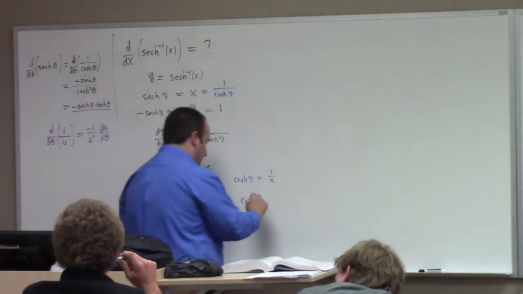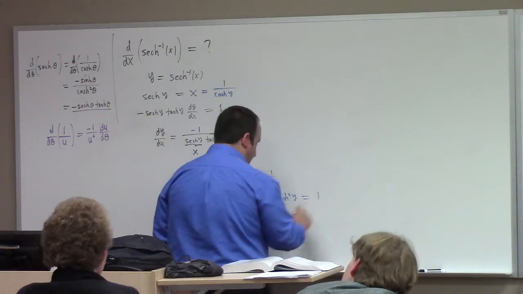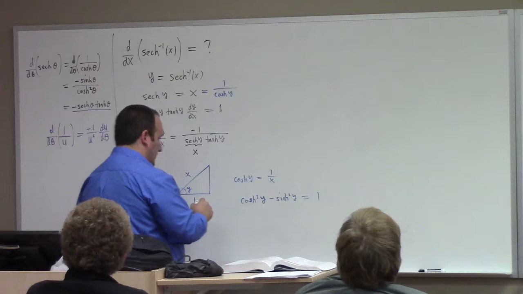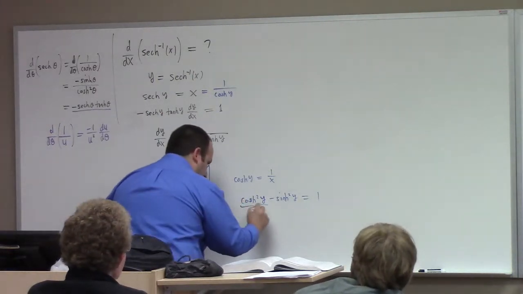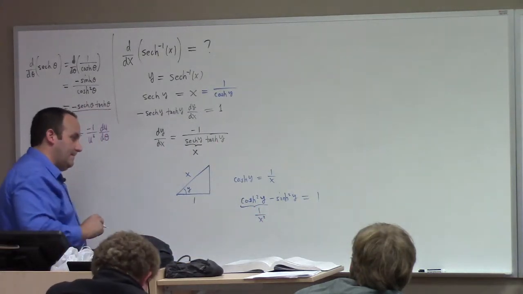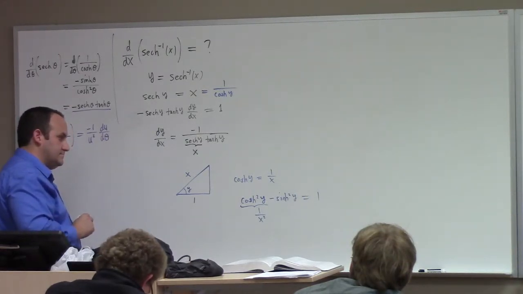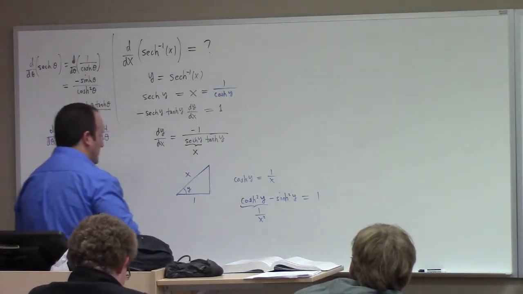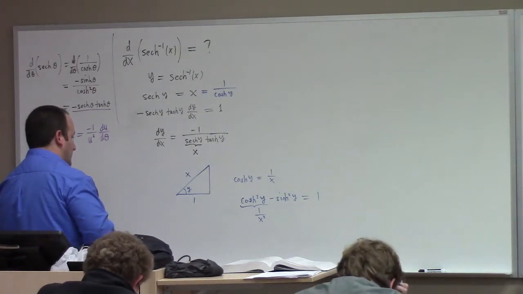So cosh squared y minus sinh squared y is equal to 1, right? So that means that, well, let's see, what does that mean? That means if this is 1 over x squared, right? Oh, I'm sorry, I still... My brain is broken again.